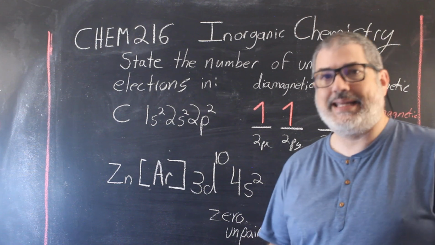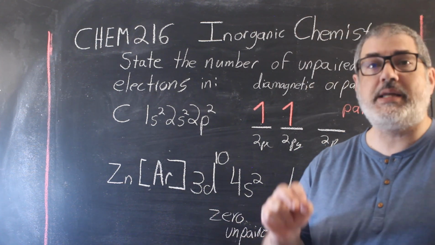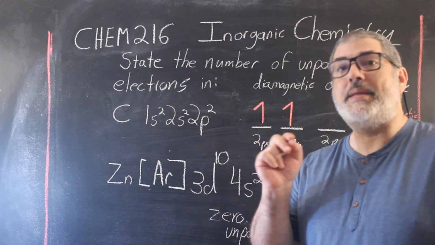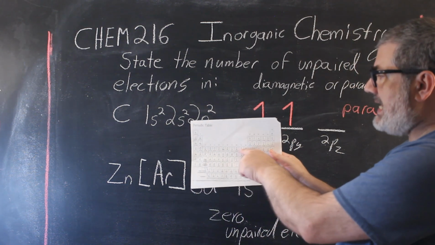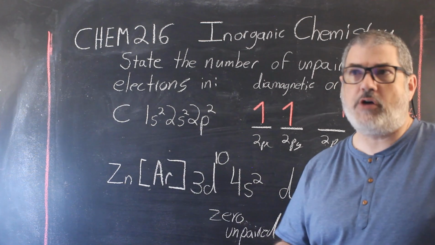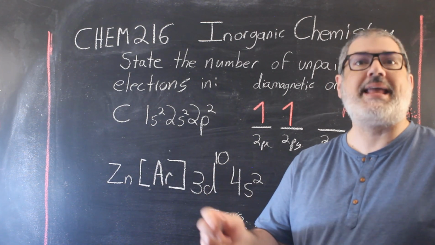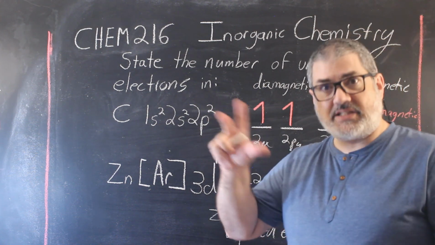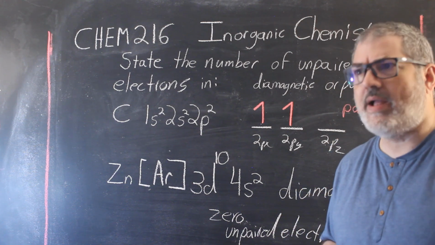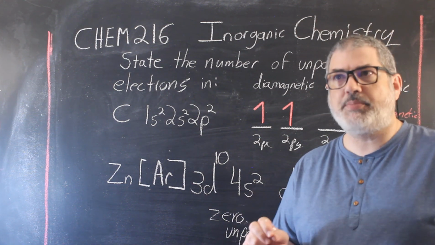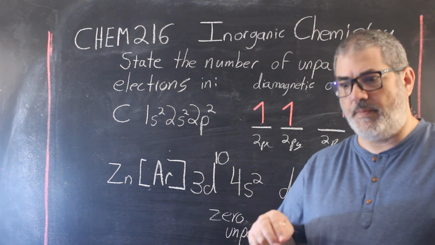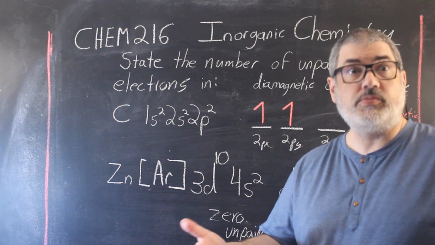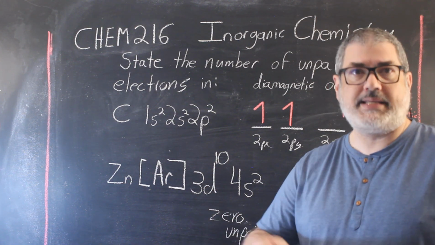Diamagnetic versus paramagnetic is going to be a very recurring theme in inorganic chemistry, because these d block elements very often will make complexes that have one or more unpaired electrons. In fact, we'll look at electron configurations with the d block, and how certain complexes' magnetic and optical properties are going to dramatically change whether they're diamagnetic or paramagnetic.